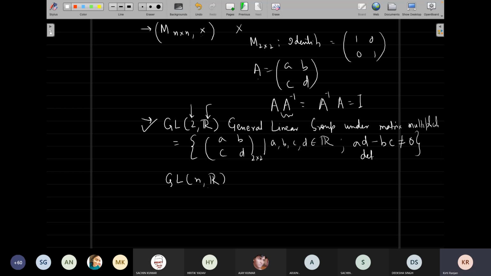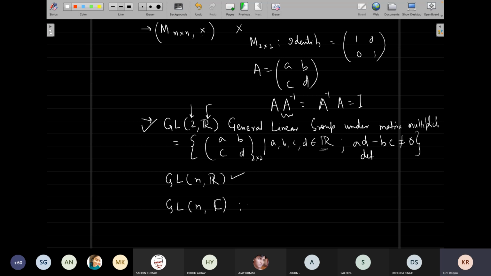What will be this group? Can anybody say that now? N cross n matrices with all non-singular matrices, with n cross n real elements, with the condition that the determinant of all the matrices is not equal to 0. That will be a group. In fact, I can even take it into the complex plane.